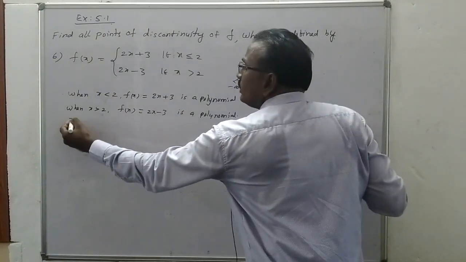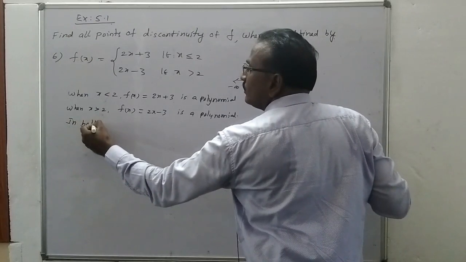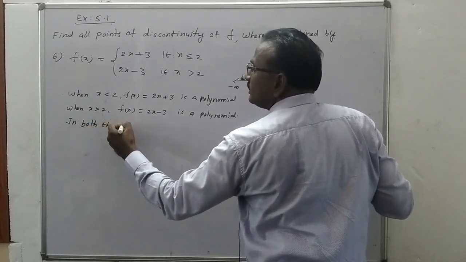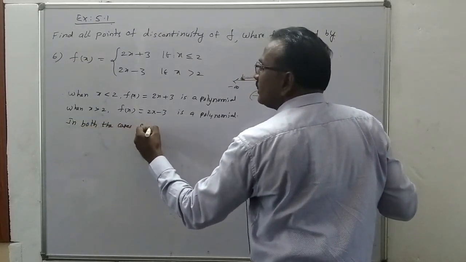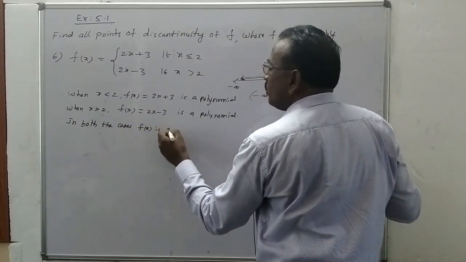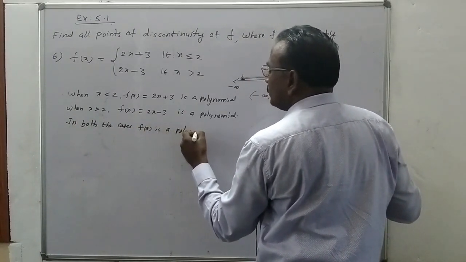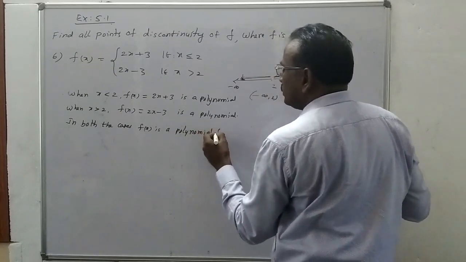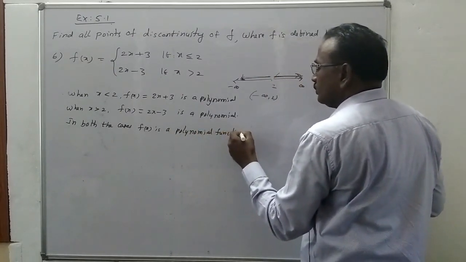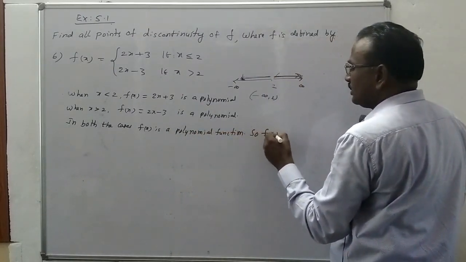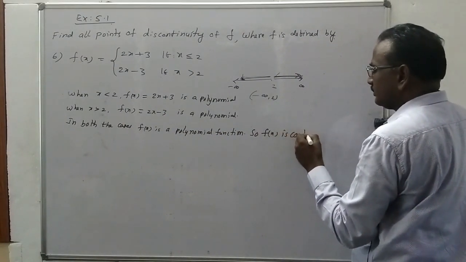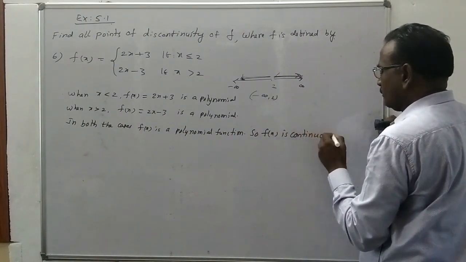So in both cases f of x is a polynomial function, so f of x is a continuous function.